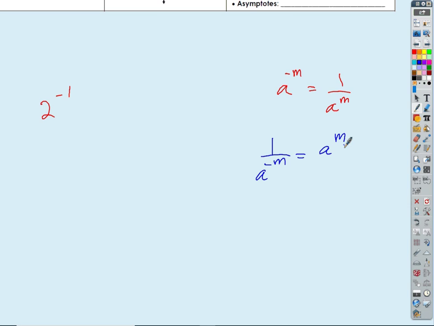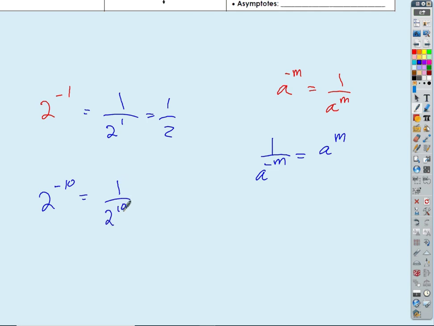So now let's look at something like 2 to the negative 1. That's the same thing as 1 over 2 to the 1, which is 1/2. Okay, what's 2 to the negative 10? 1 over 2 to the 10th.